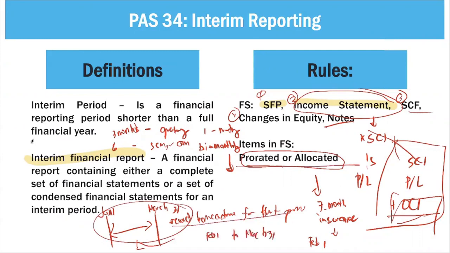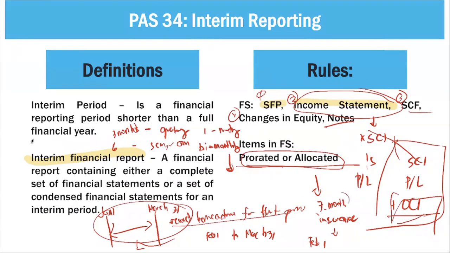Okay, that's why it says some items in the financial statement should be prorated or allocated in case it is not associated to that particular period only. It is associated to different periods. So it is intra-period. Okay? So as a rule, how do we present? You present it at the time that transaction happens. So if the transaction happened January 1 to March 31, you present it. But if that is considered intra-period or for different periods, what do we do? We need to prorate it or to allocate it.